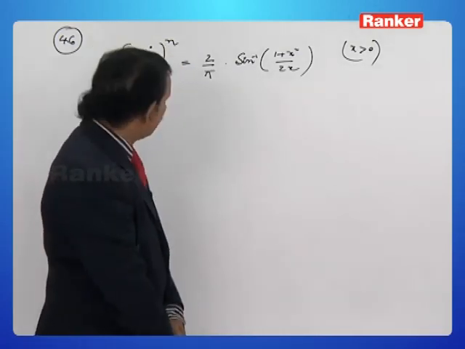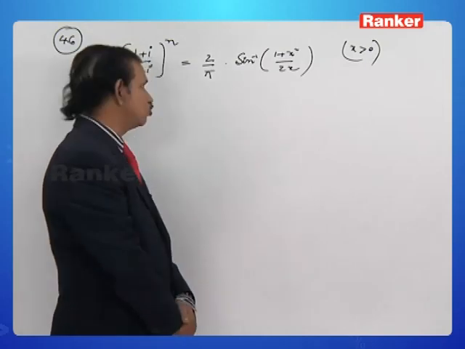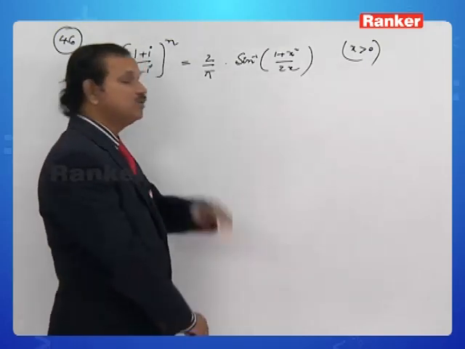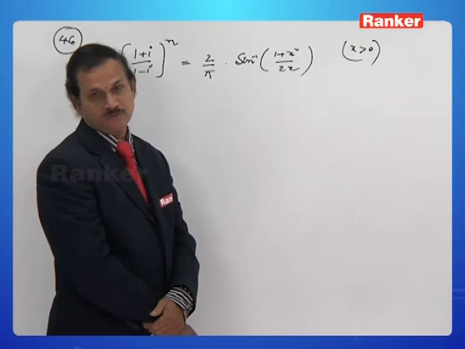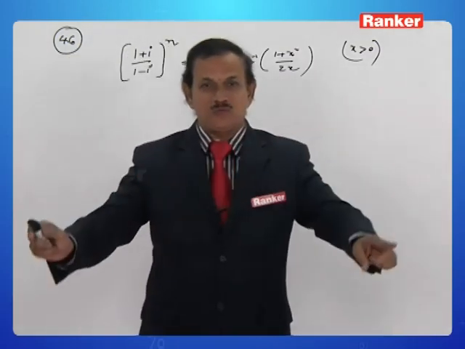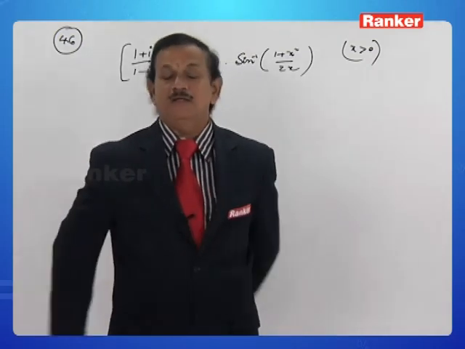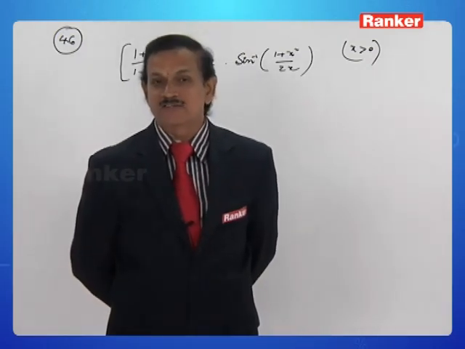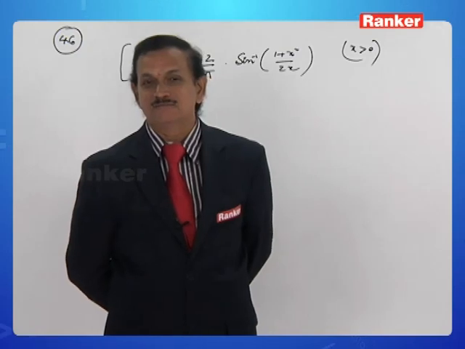You see, one of the most important things here to look at is the sine inverse function. We know that the range of the sine function is the closed interval -1 to 1, which implies the domain of the sine inverse function is the closed interval -1 to 1.